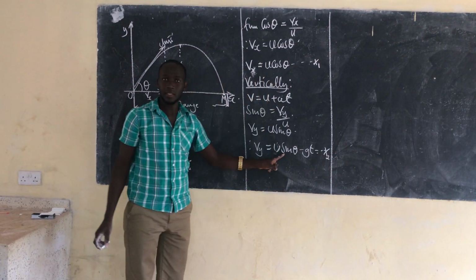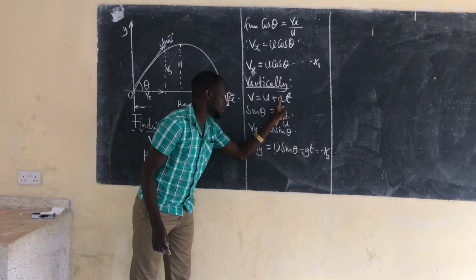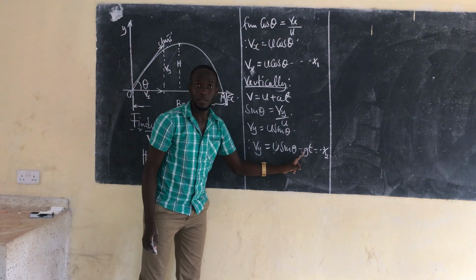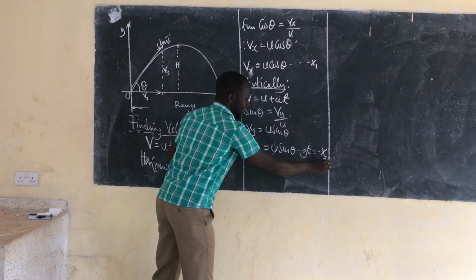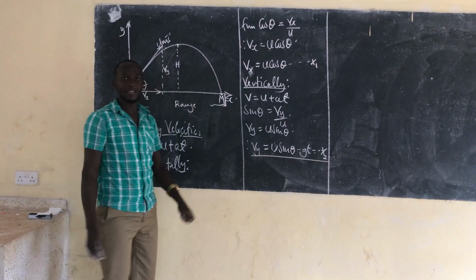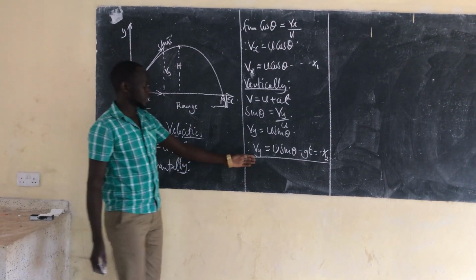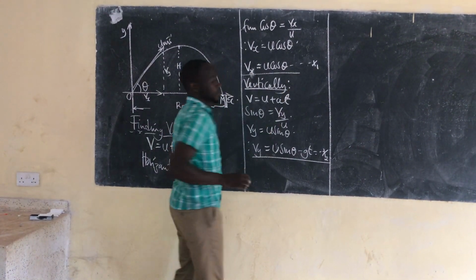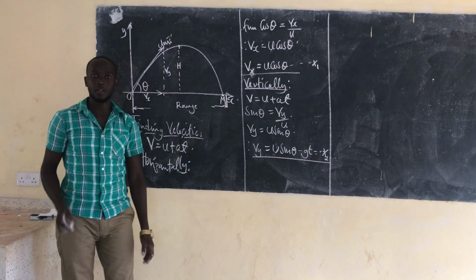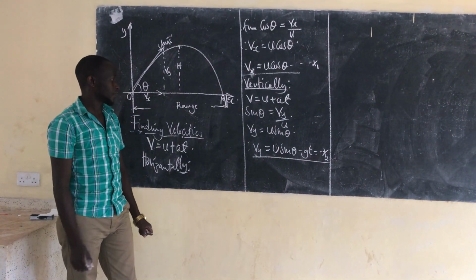Why minus gt? It is because the acceleration turns into negative g in that sense. Remember, vertically we move with a constant acceleration. This is the horizontal velocity, and this is the expression for the vertical velocity.